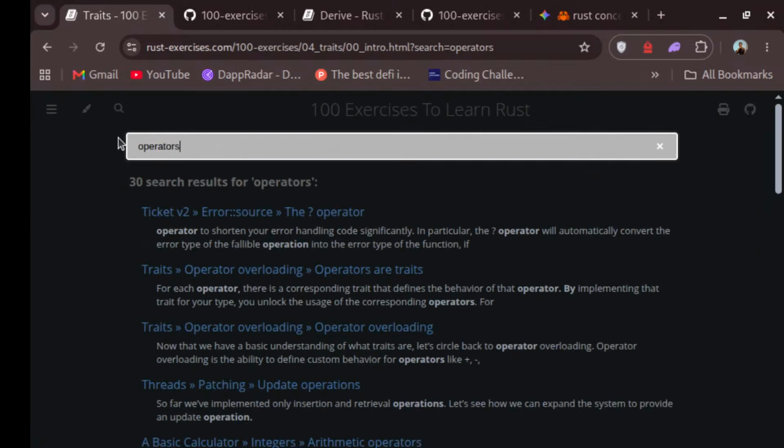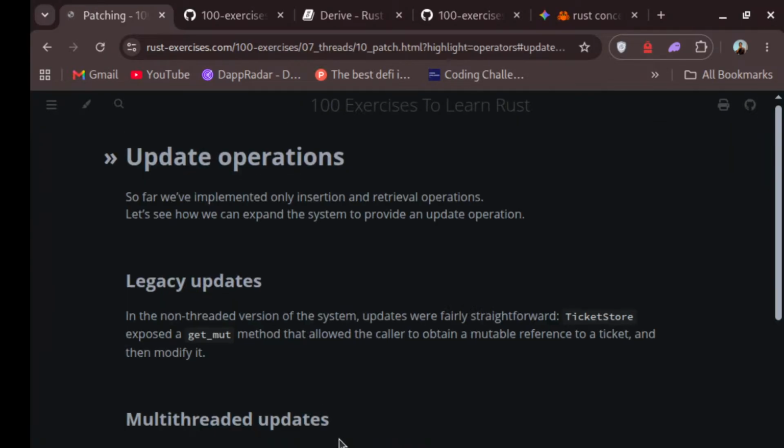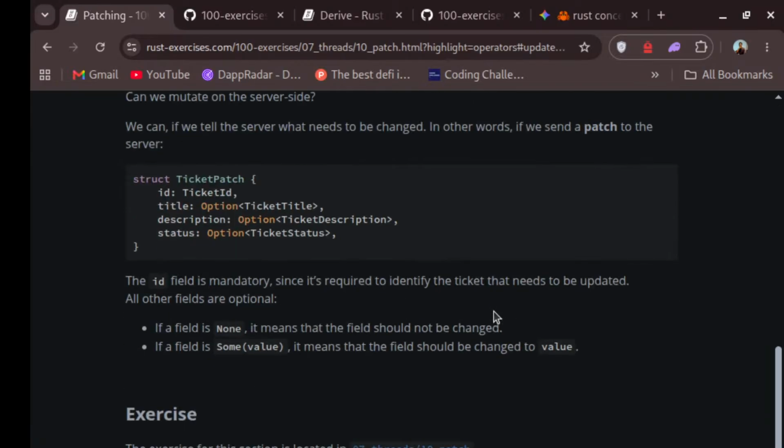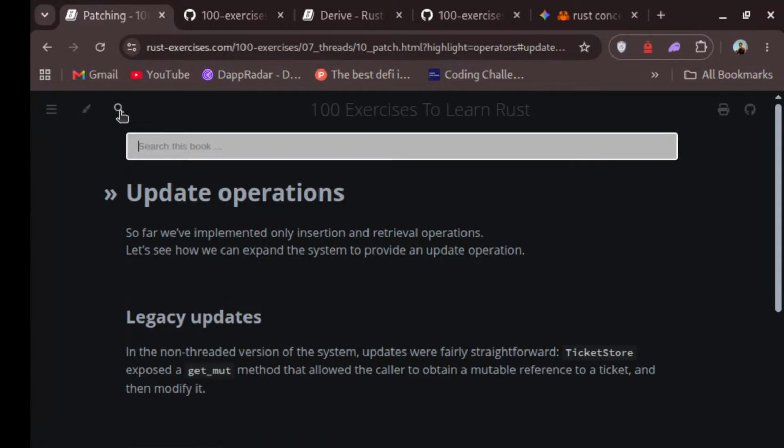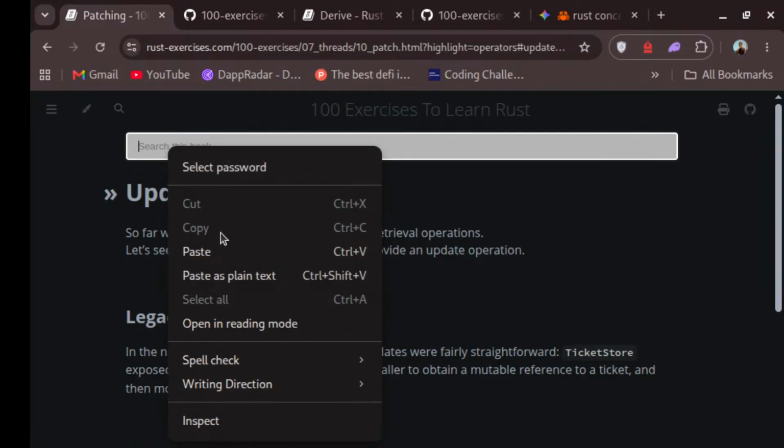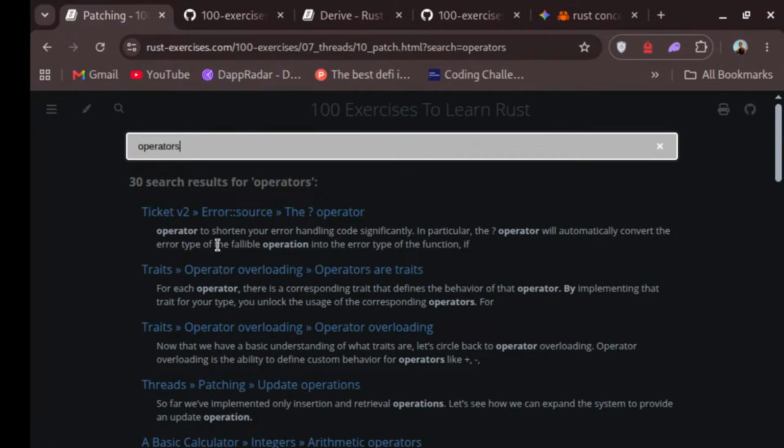Operator overloading, arithmetic operators.